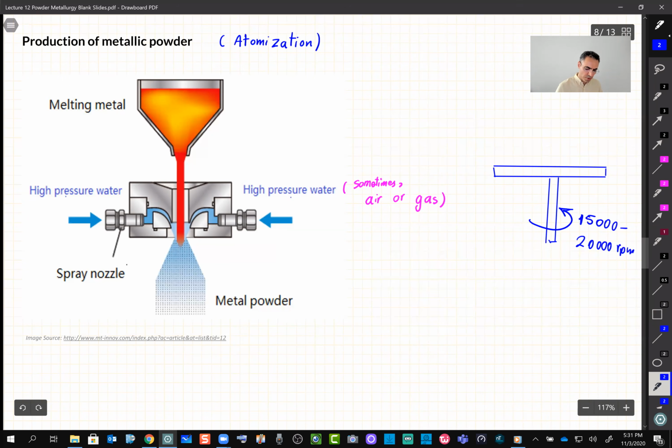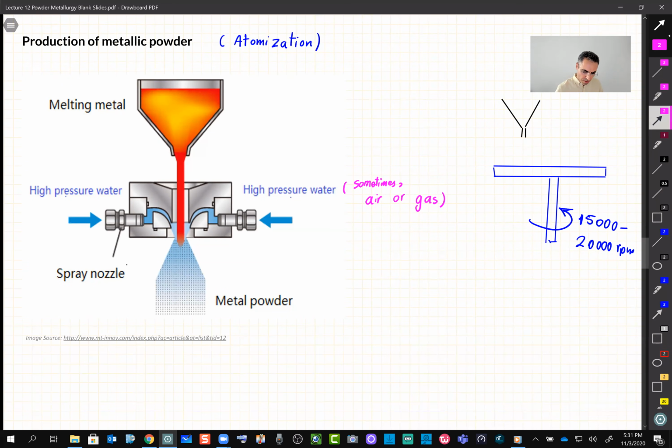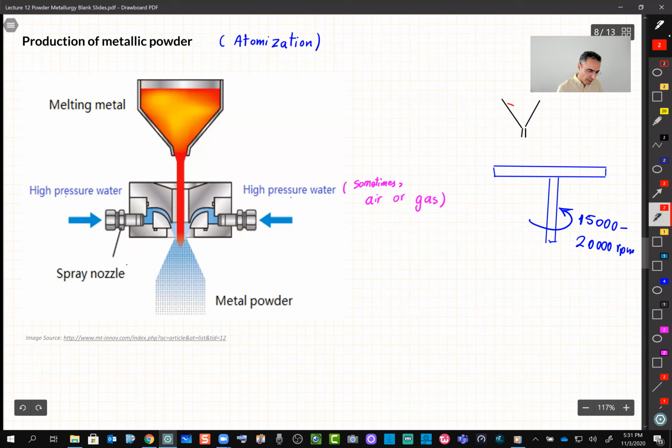And then at the top, over here, there is maybe a funnel or nozzle or something like that, into which you pour melting metal. Let me use a better color so we don't mix it. Okay, we have here melting metal and it is going there. So my drawing is not bad, right?